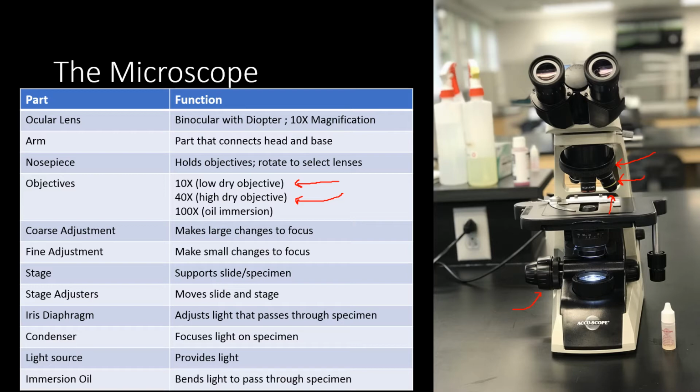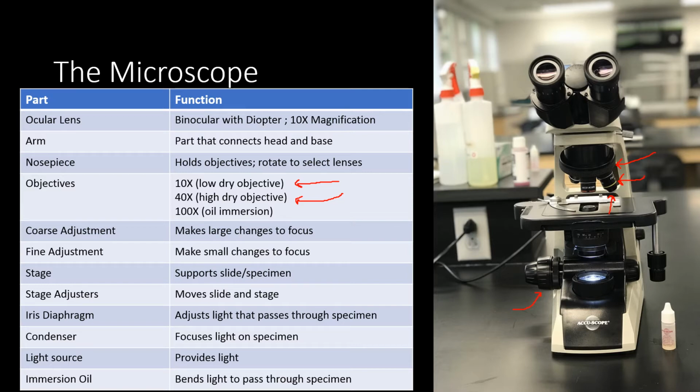And sometimes when people aren't careful with the immersion oil, they'll actually drag the 40x lens through the immersion oil. And that immersion oil will build up on the lens, making it difficult to use. So it's perfectly okay to skip this lens if you want to and go from the 10x to the 100x directly. But you can go through the 40x if you so desire.